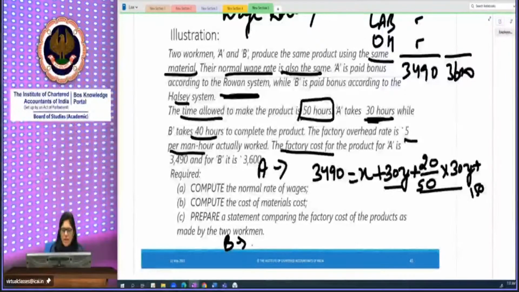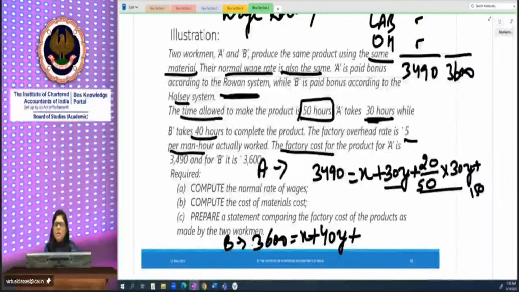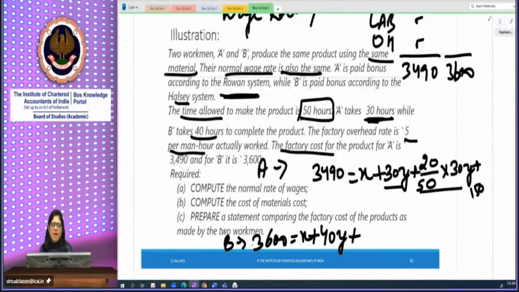Let us try. Total 3600 is equal to X, because both are using the same material, plus the time taken, 40, so 40Y. Rate again we don't know. So 40Y plus, to worker B we are paying bonus under the Halsey plan. Halsey plan says 50% of time saved.